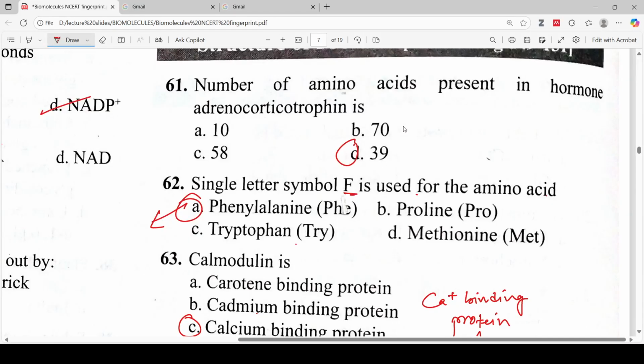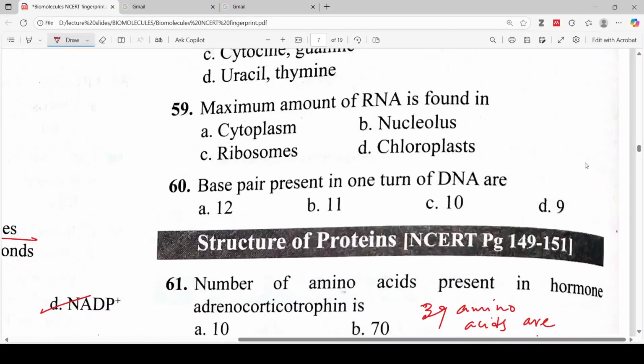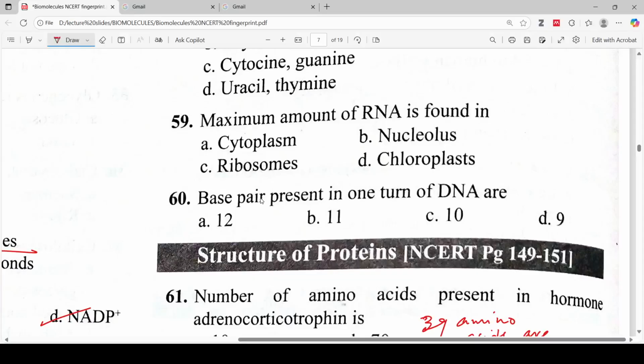Option D, 39 amino acids are present in the hormone adrenocorticotrophin. So let's move to the next question. The base pairs present in one turn of DNA, 10 will be the correct answer.